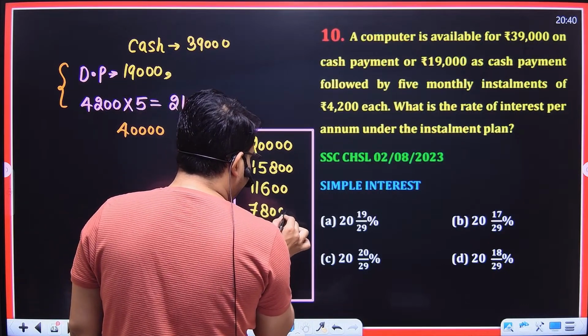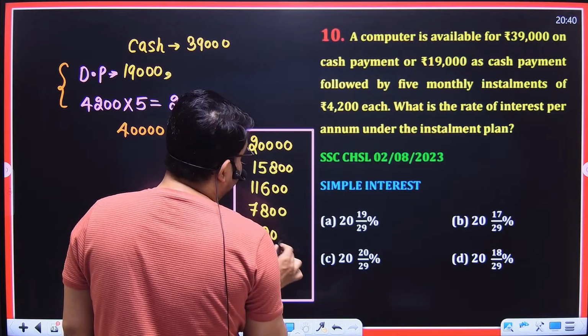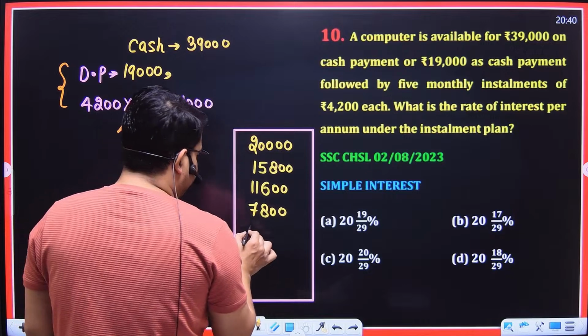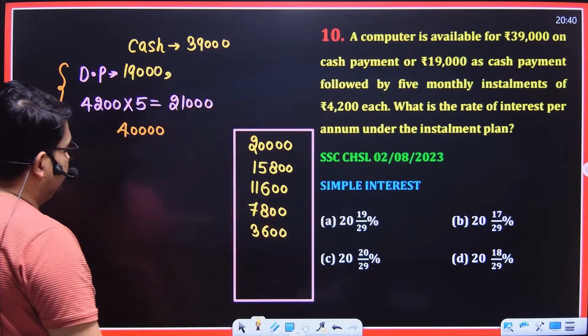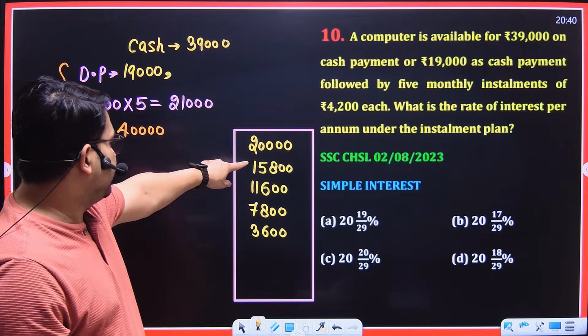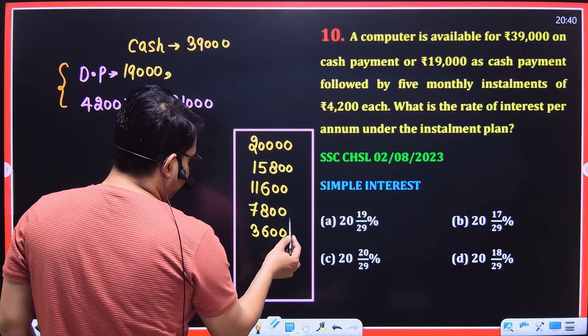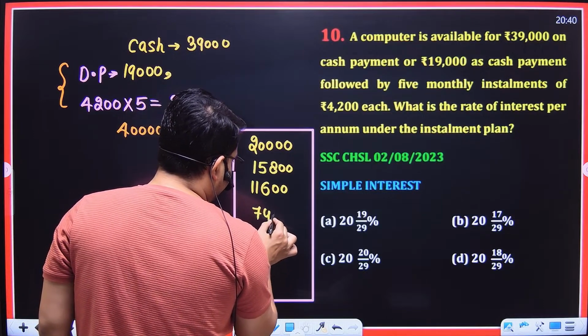Then you pay 4,200 and you have 7,400. We made a mistake here, it is 7,400 debt you have.